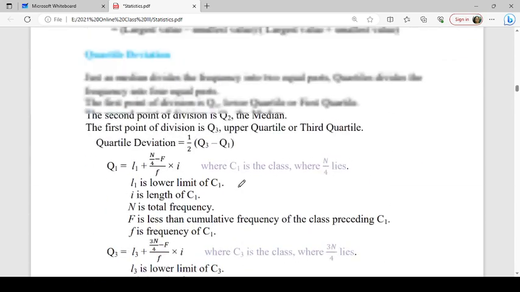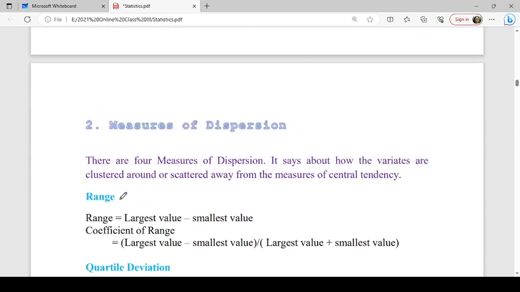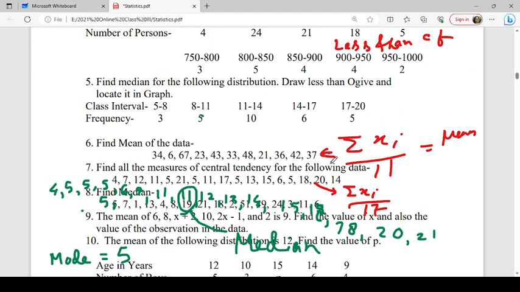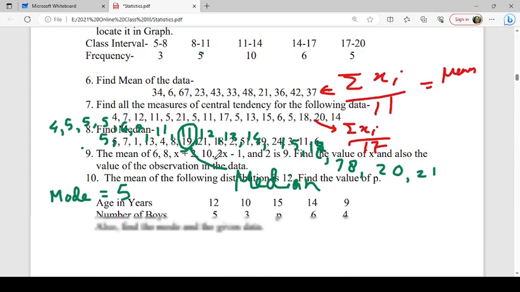So formulas are given like this. Range is largest value minus smallest value. So this is a set of data. Here minimum is 6 and maximum is 67. So range is 67 minus 6, it is 61.